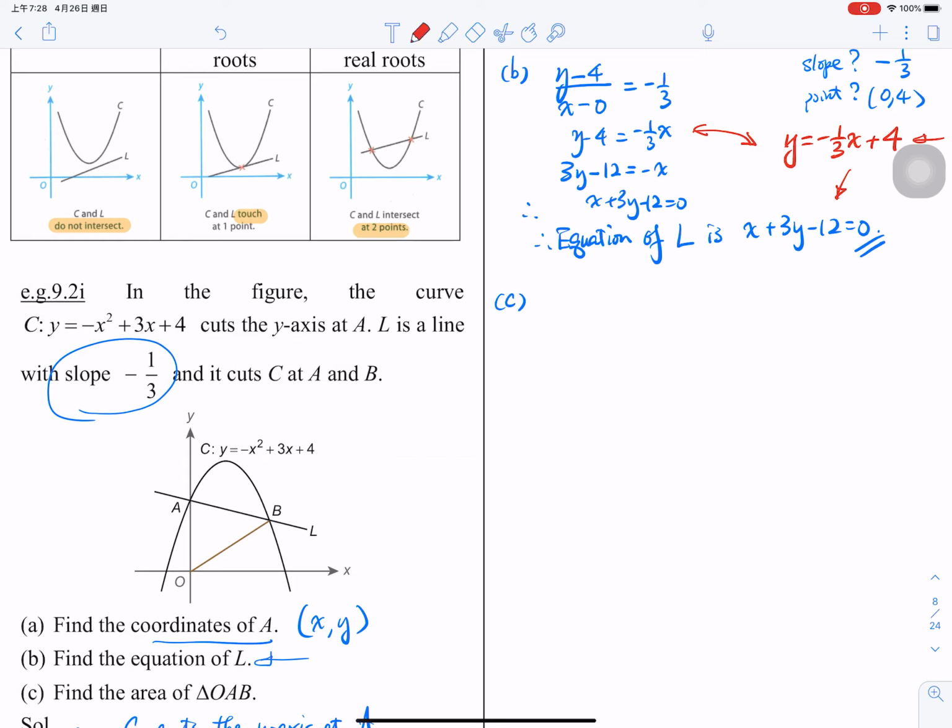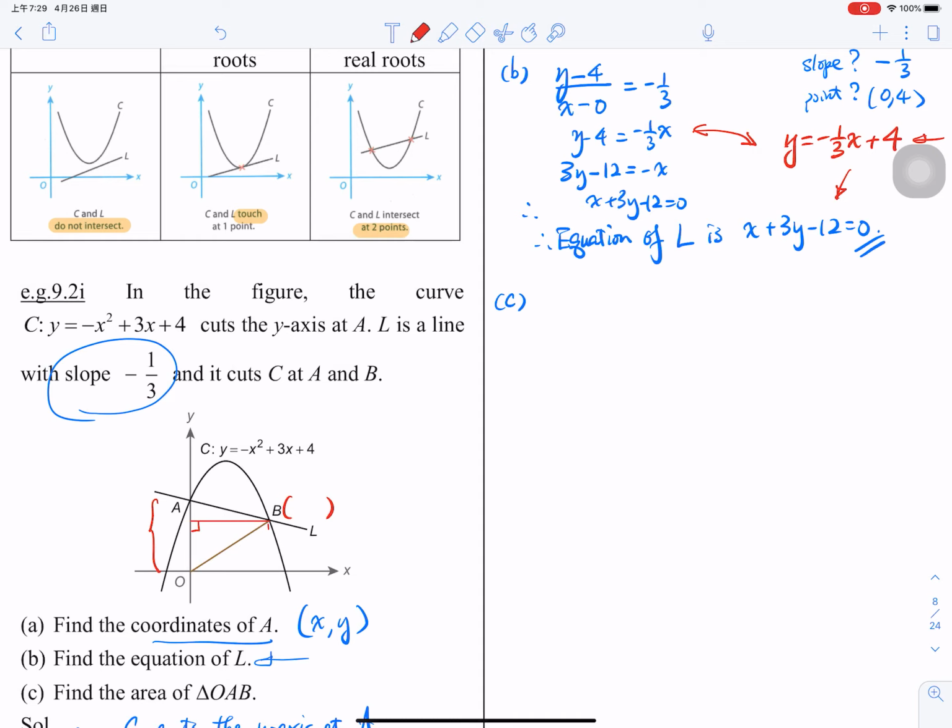Okay, can you tell me where's the height of the triangle? Yeah, we can make use of OA as a base, then point B can find the height, right? That means what? Great. That means we can use the coordinate of B to help us, right?